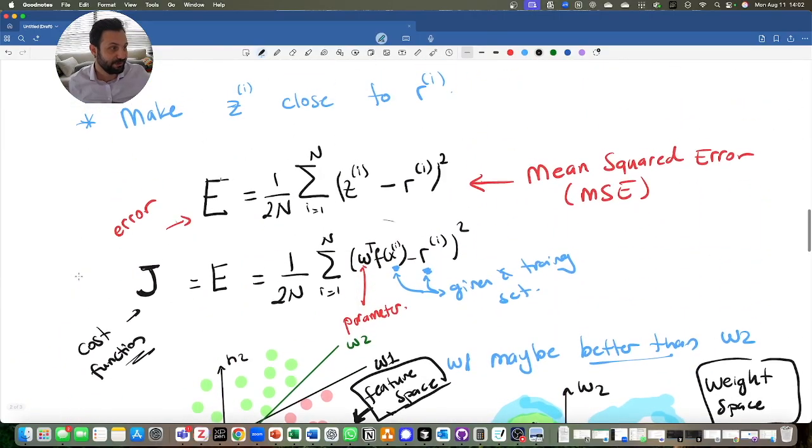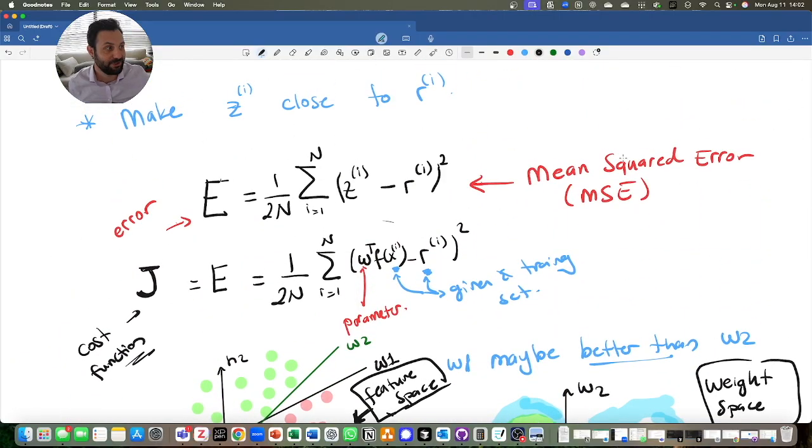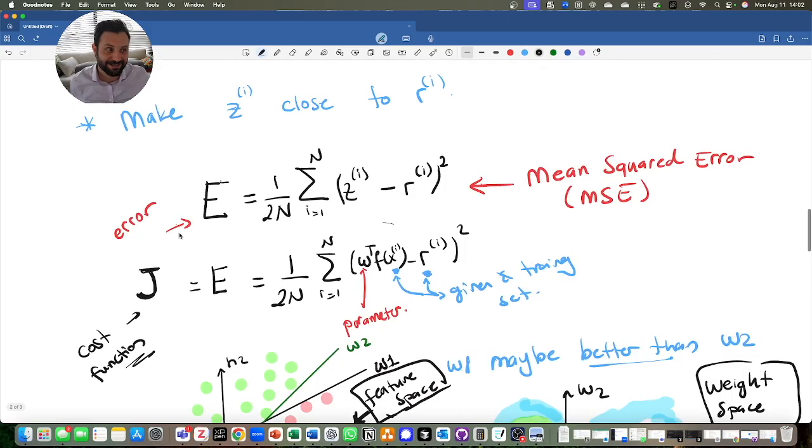Let me spoil: in classification, we do not use mean squared error. Instead, we approach the data set as samples of random variables, and we would like to maximize the likelihood of my model given the training set. So next video, I will be taking us a step closer to that approach.